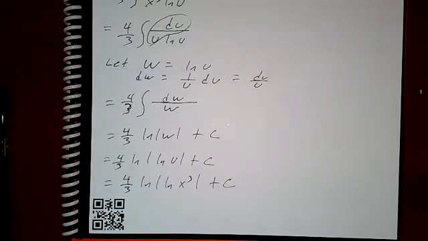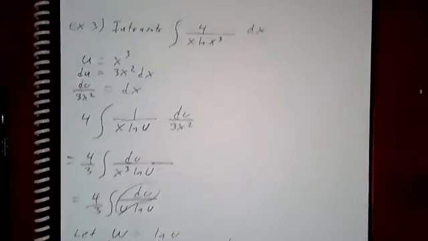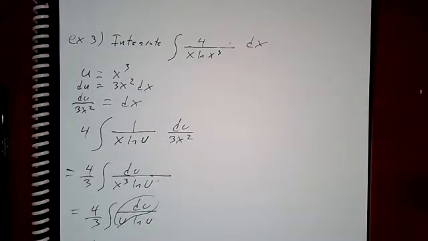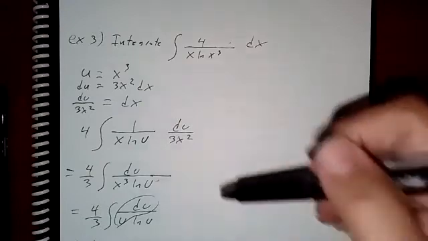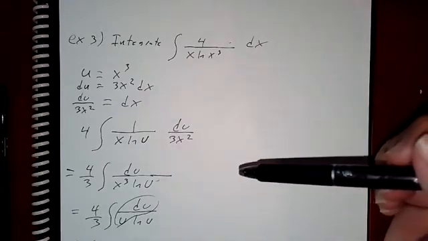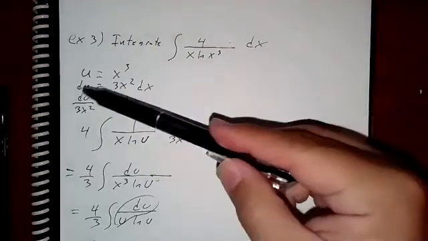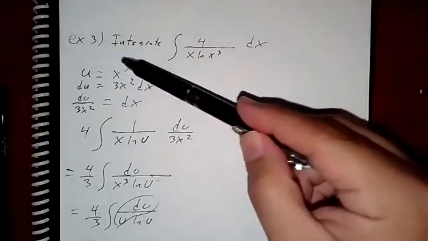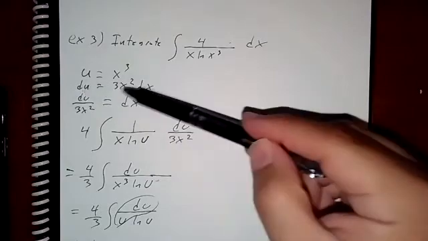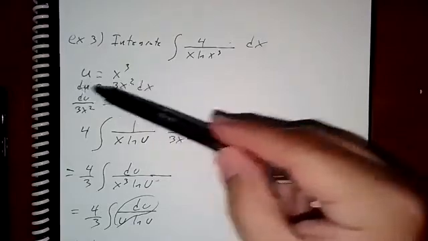Any questions on any of the steps? I didn't get the first and the second, beginning over here in this area, where you get the 3x squared. That was just the derivative, right? So we define du, take the derivative of both sides.